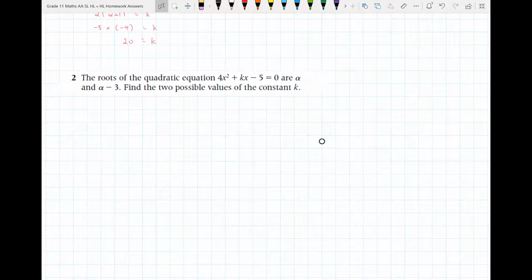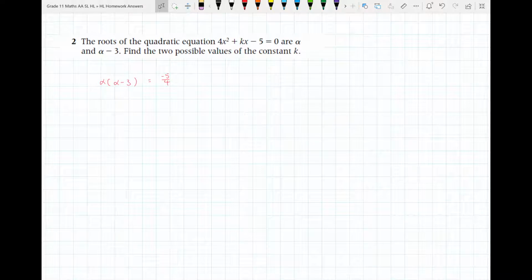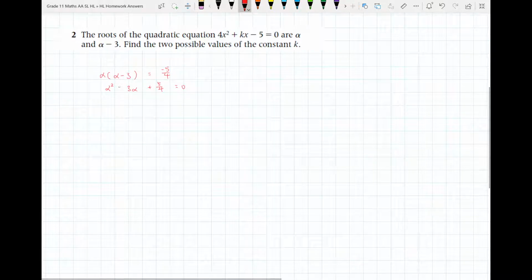Okay, so similar to the last question, this time we're given that alpha and alpha minus 3 are two roots, but because we know what the last number is, we can write that as negative 5 over 4. So we could solve for what alpha is. I'm just going to multiply everything by 4.